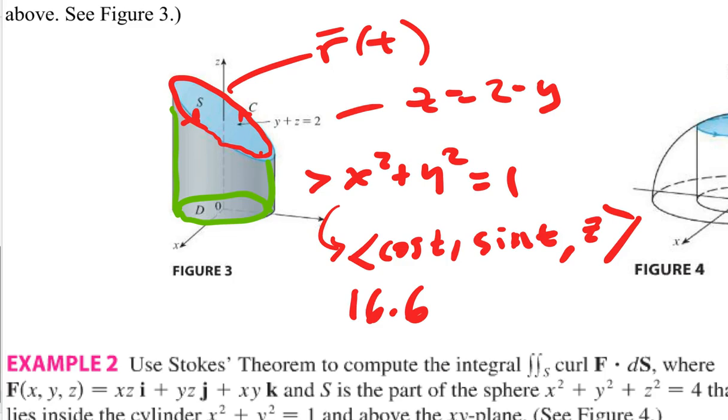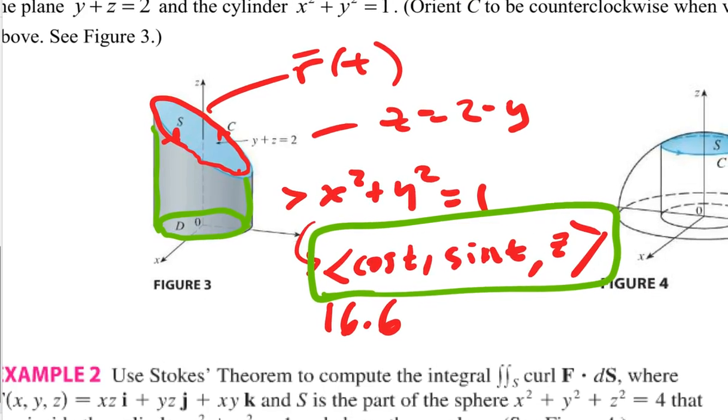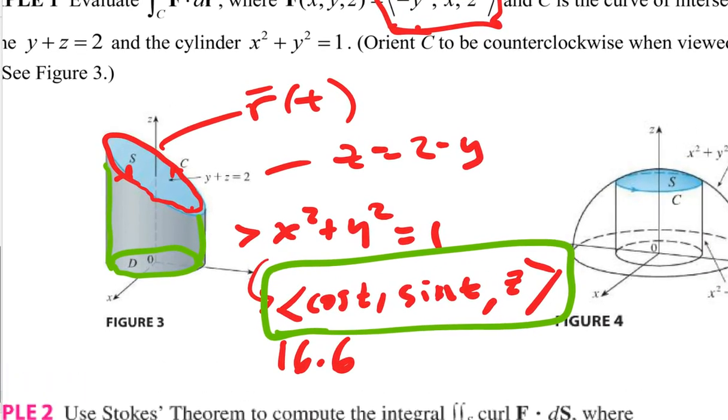So the cylinder like that, see? It would be parameterized like this. All right. And then the circle, that ellipse, would be z equals 2 minus y. That's the plane, and so I would plug the sine of t in for y.